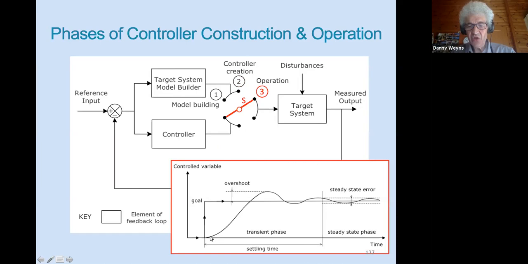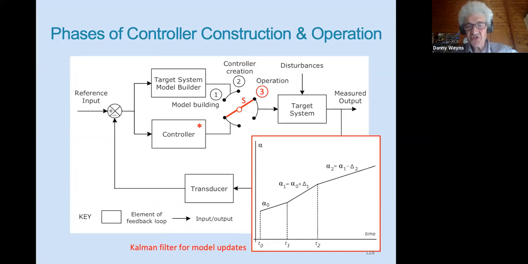For instance, if the goal changes at some point, the transition from the system towards that goal will follow a particular path where we can say something about the overshoot that happens. We can say how far the output will diverge from the goal once you have the steady state, in terms of steady state error. We can say how long it will take, the settling time, until we reach that state, and so on and so forth.